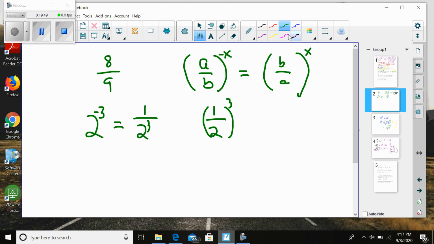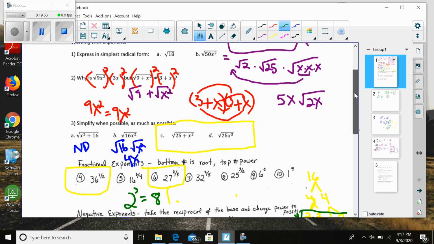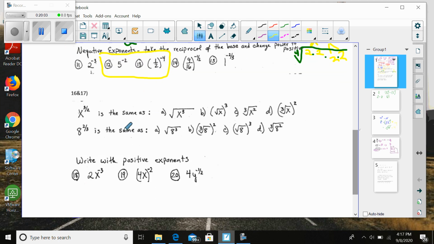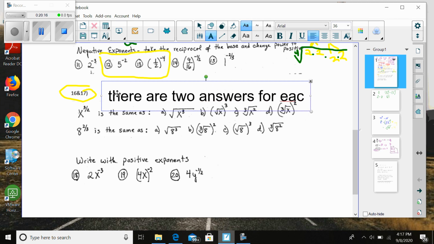So again, let me circle some things that you're going to do for participation. So for participation, you're going to do these two. And then 16 and 17, and I should tell you here that there are two answers for each.